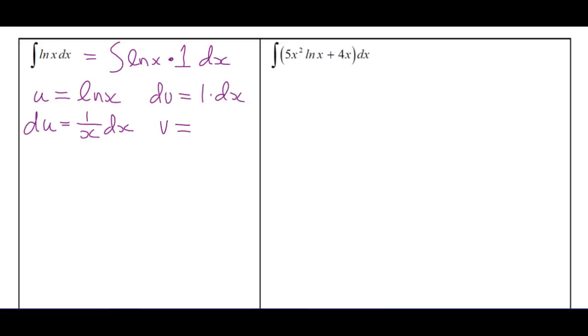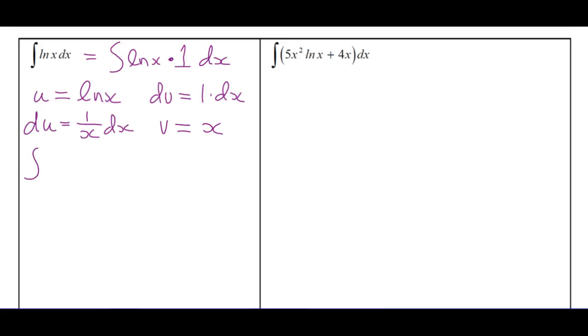So what's v? What's the integral of 1? X. Or what's the derivative of v? 1 times dx, right? I mean, however you do this. All right, so what's that equal to?